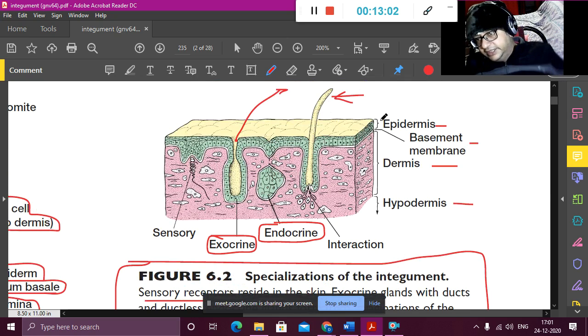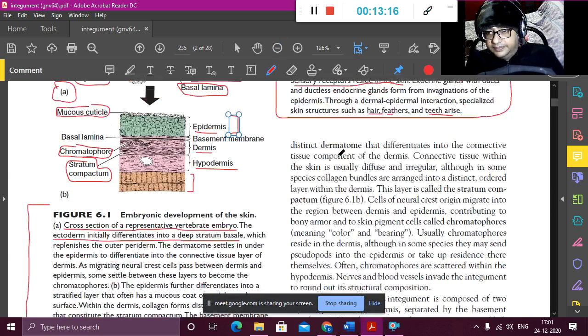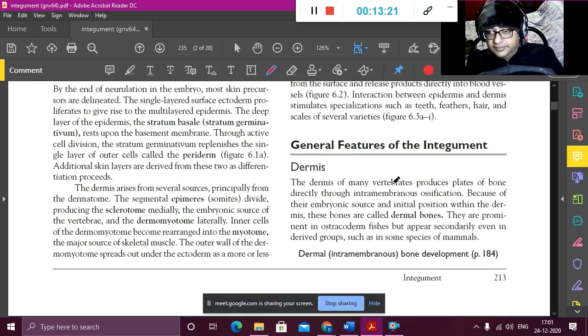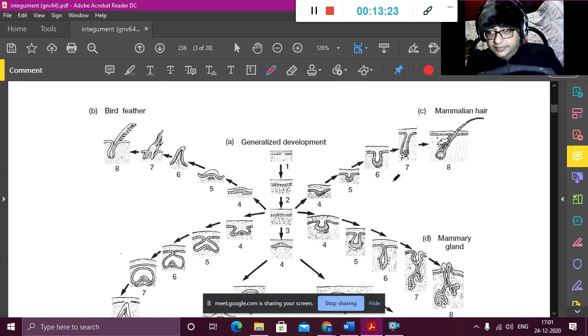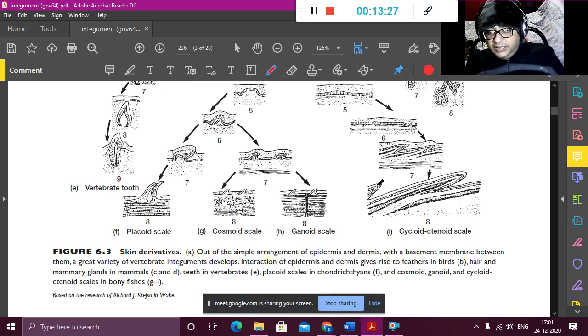Let's consider this to be the hair. There is an interaction, and you can see the hair is rising. So these are certain specializations which you can find on the integument. So these are several derivatives of the skin.